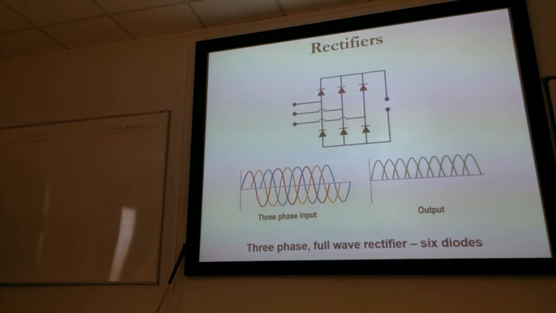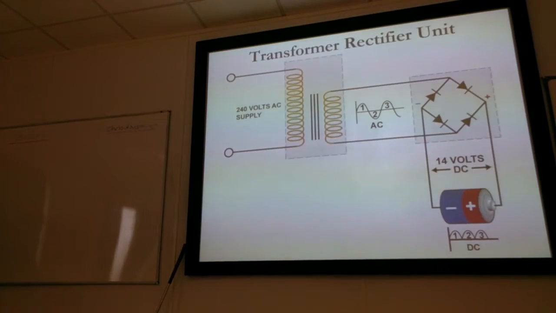If we put our transformer together with our rectifier, we get ourselves a transformer rectifier unit, which is very common in aircraft application. This isn't from an aircraft application though. Any idea what this could be from? On the left we've got a 240 volt AC supply coming in. We've got a winding there and we've got a winding there, so that's a transformer. So we're transforming it from 240 volts AC to a lower voltage AC.